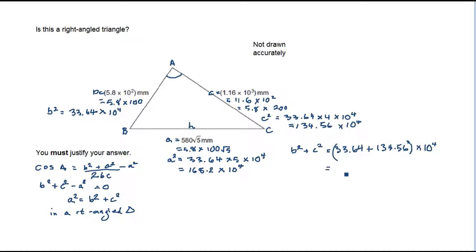And if I check that on my calculator, it looks like it's going to work out. Yes, it does. So that comes out as 168.2 times 10 to the 4. So I've got a match. Okay. So I can write a squared equals b squared plus c squared, which means it must be a right-angled triangle. And I'm just going to put in brackets by Pythagoras.